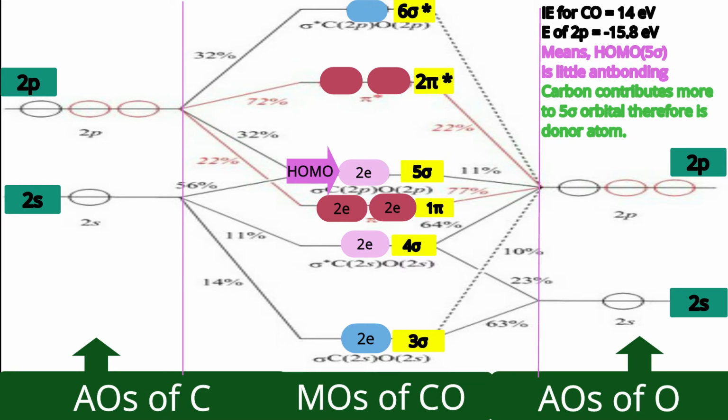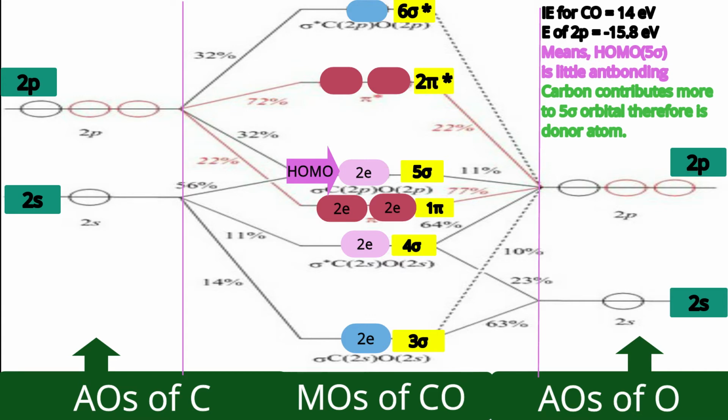Now come to the 5 sigma orbital. The major contribution is from the 2s orbital of the carbon and it is anti-bonding to it. By the way, it is bonding for the 2p orbital of carbon. So it has both bonding as well as anti-bonding characteristics.